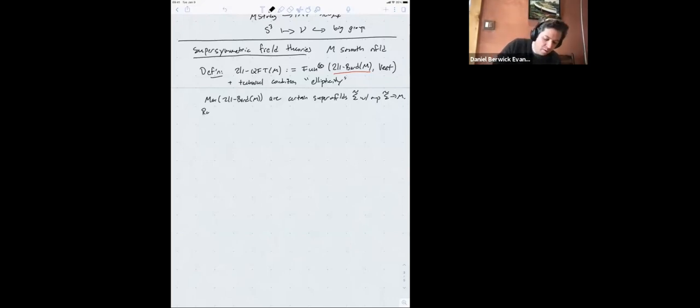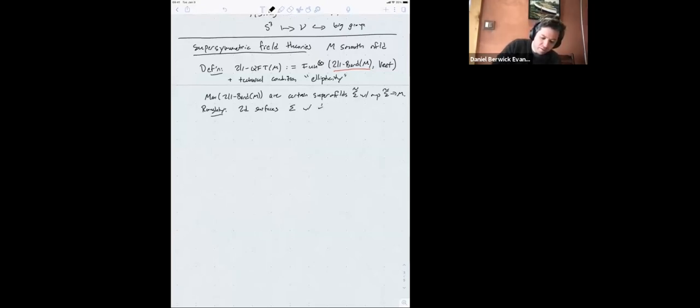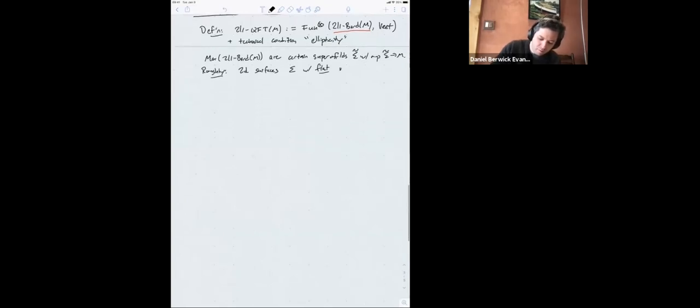So roughly, this is going to be a 2D surface sigma with a flat metric, like a line bundle over it that's going to be regarded as odd in the superworld, and a map from the total space of that line bundle to M.